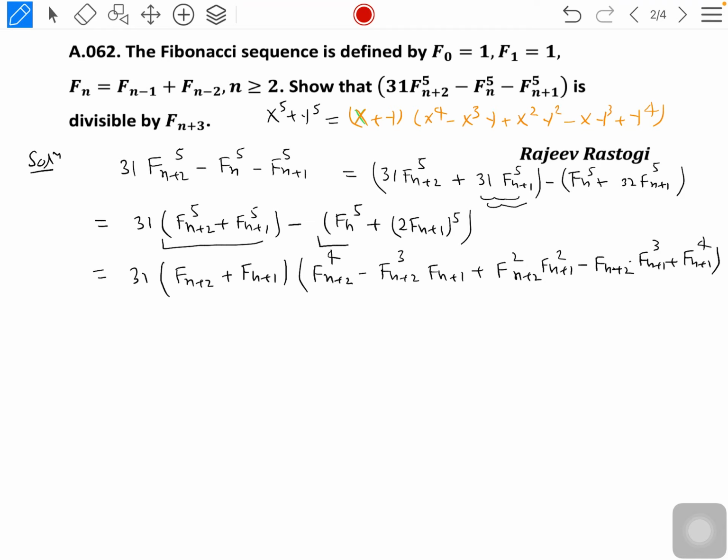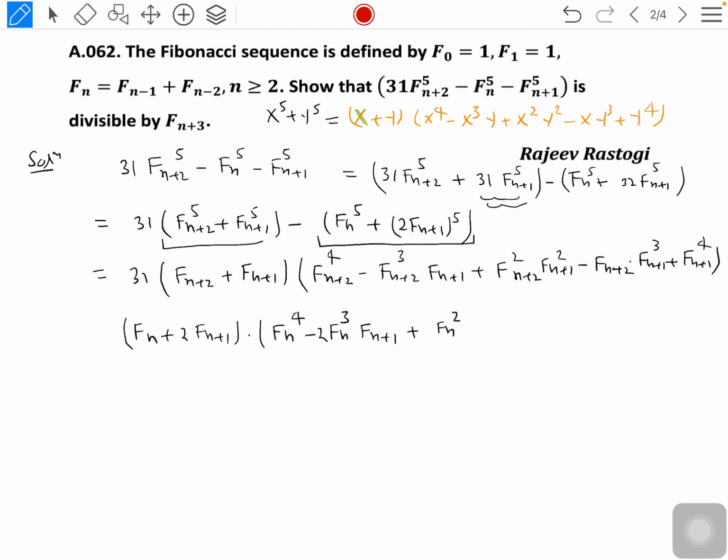Similarly, we can factorize the second term. The factors are clearly x plus y, where y is 2 times f(n+1), so f(n) plus 2 times f(n+1). This is the first factor. And what is the second factor? f(n)^4 minus f(n)^3 into 2 times f(n+1), so we can write 2 f(n)^3 into f(n+1).